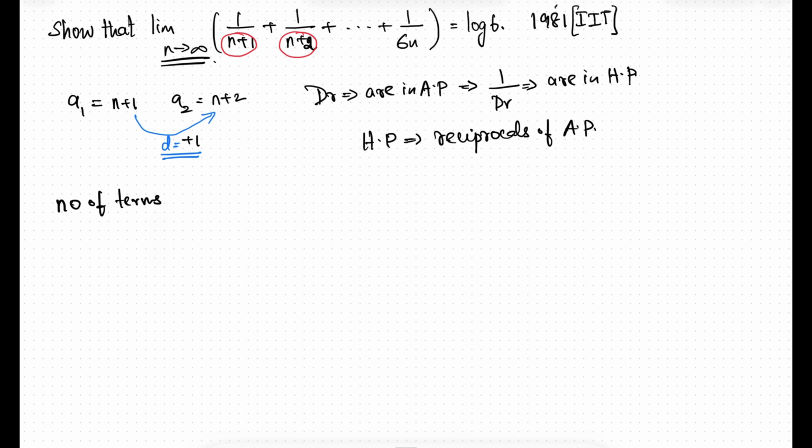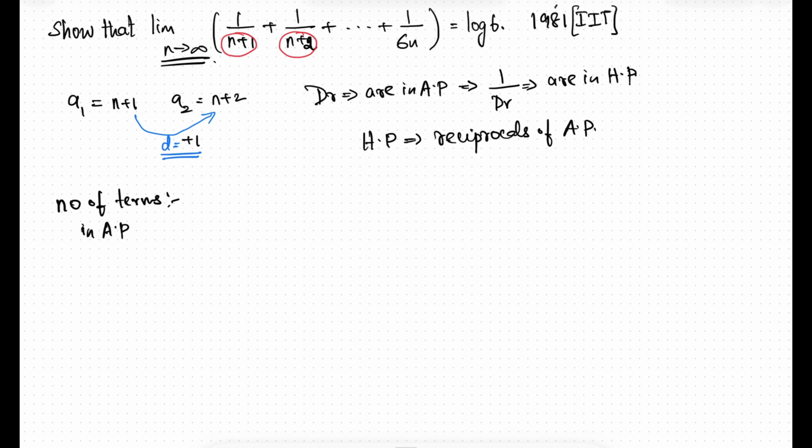In order to do it, I am going to use the number of terms in an AP formula, because if you consider only the denominators, we already saw that they are in AP. So we can use that formula to find the number of terms in that arithmetic progression.